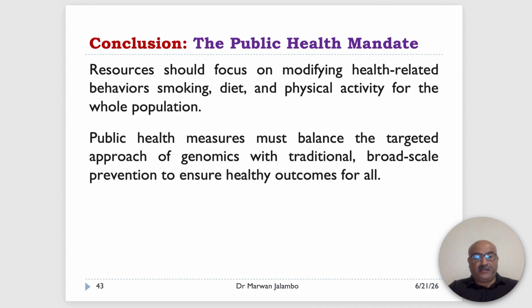The public health mandate dictates that while we pursue targeted genetic therapies, the bulk of our resources must remain focused on traditional broad scale prevention, modifying environmental exposure and health related behavior like smoking cessation, promoting healthy diets and encouraging physical activity, which will ultimately save more lives across the entire population than any single genetic intervention.